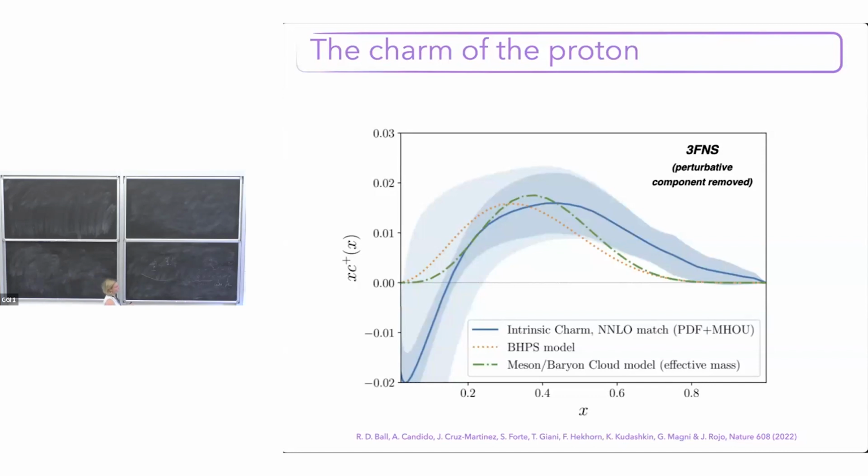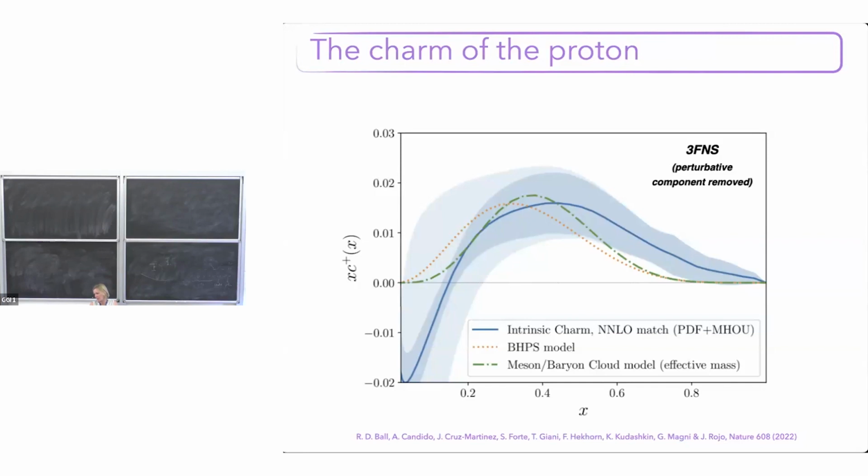There is also another thing about whether PDFs are positive or not. But at that scale and at that x, PDFs don't have to be positive. It's just the cross-section that has to be positive. You can have negative PDFs. It's not a physical quantity. It's a scheme-dependent quantity.